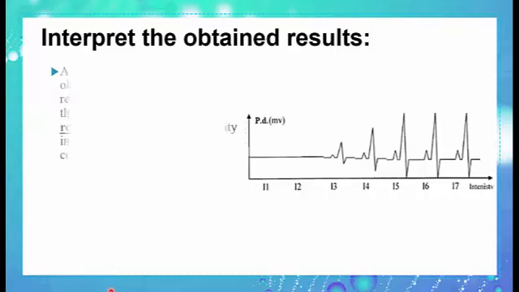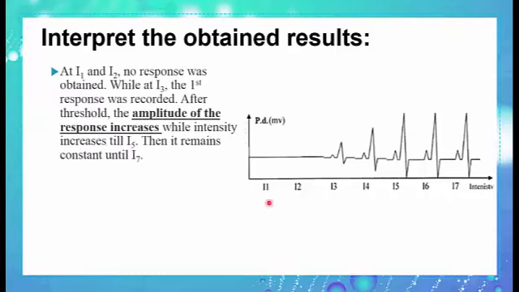So first, the analysis. At I1 and I2, no response was obtained, while at I3, the first response was recorded. After this threshold, the amplitude of the response increases while intensity increases to reach I5, then it remains constant. As we said before, during the analysis, we have to describe the amplitude.